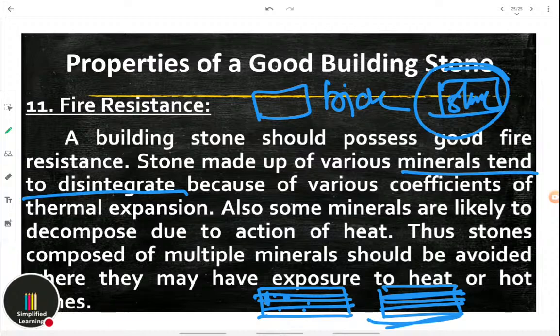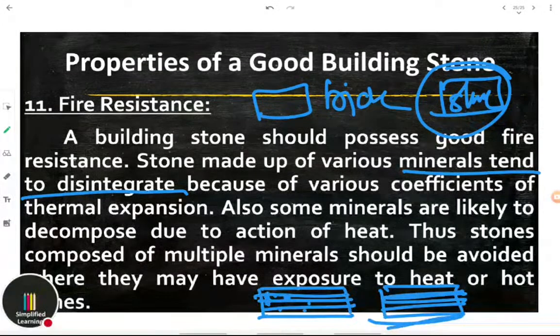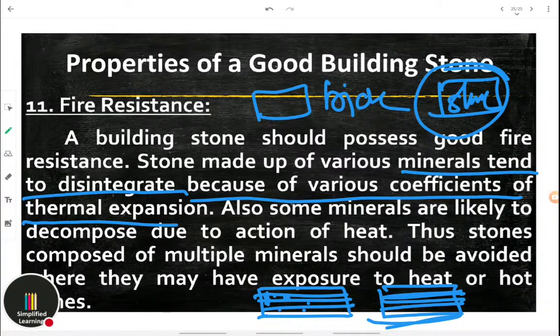That's why we do not want a stone which is made up of various minerals or various layers of differential material. Because of the various coefficients of thermal expansion, the stone will obviously break. Also, there may be some minerals present inside the stone which, when exposed to heat, are going to melt and disintegrate, thus their strength is going to get affected in a very vast manner.